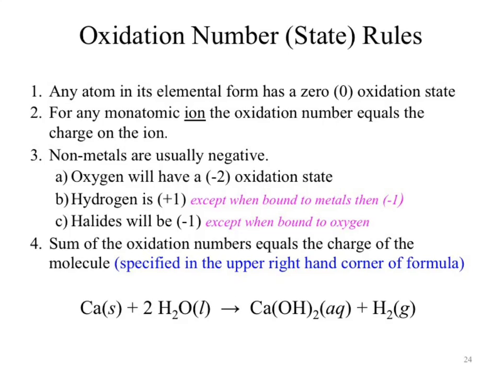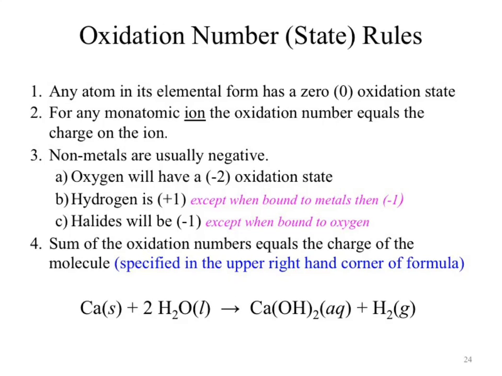Where we then run into some issues is what happens with our nonmetals. They are typically negative, but there are some massive exceptions to when they can be negative and when they can't be. Oxygen, being exceptionally electronegative, will always carry the negative charge. It is always a -2 oxidation state. Yes, there's an exception. Don't worry about the exception. Oxygen is a -2 oxidation state every time you see it. Hydrogen, very typically a +1 oxidation state. There is an exception when it's bound to metals. Why?